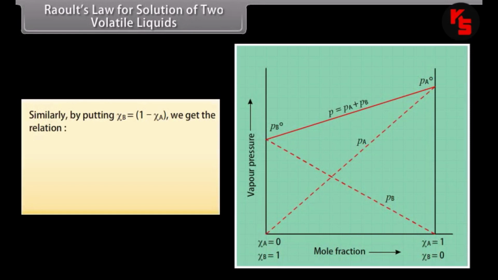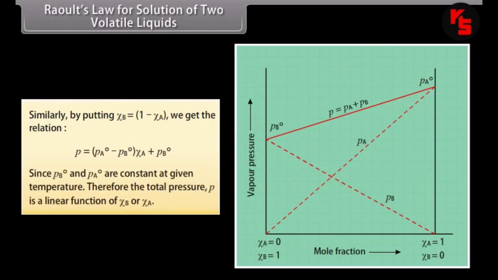Similarly, by putting XB equal to 1 minus XA, we get the relation P = (PA⁰ − PB⁰) × XA + PB⁰. Since PB⁰ and PA⁰ are constant at given temperature, therefore, the total pressure P is a linear function of XB or XA.